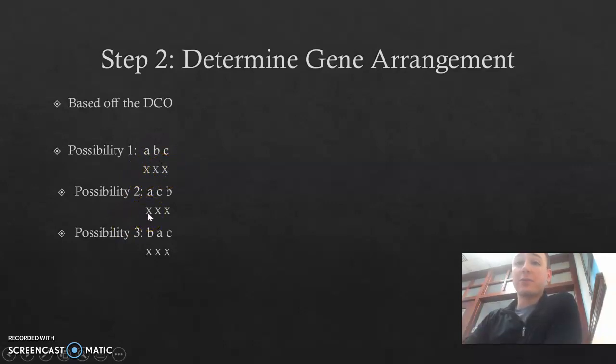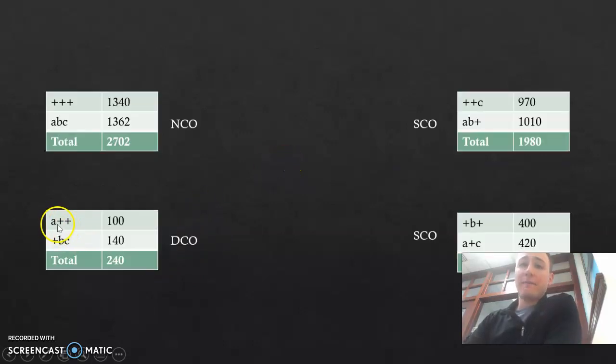Same with possibility number 2, get the X to the C to the X, which brings us to the possibility that it has to be, which is in fact possibility 3. If you see again, you got the X, AX, and the BXC. Which brings us back to that A++ and the plus BC.